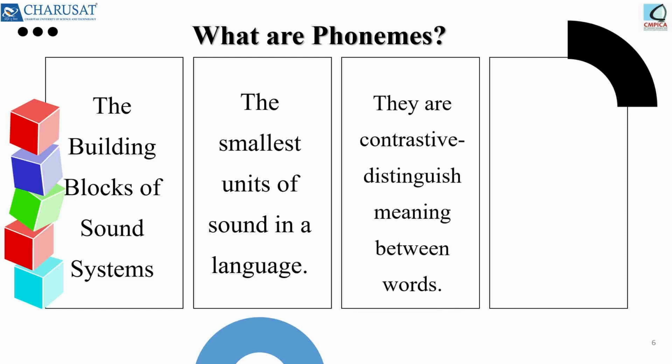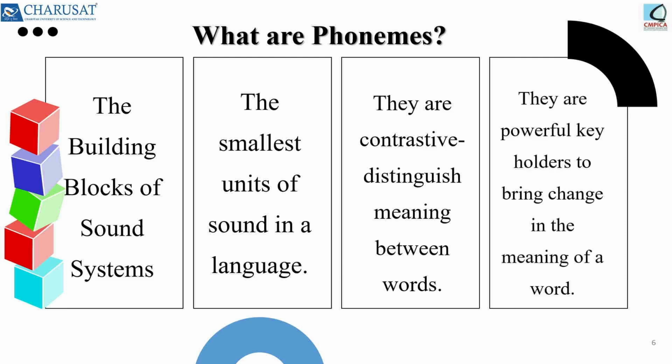They are contrastive in nature and therefore distinguish meaning between the words. They are contrastive, they are not alike. Each sound would be very different from the other, and making them different from the other itself would bring meaning to a word that we are using. And then they are a powerful key holder to bringing change in the meaning of the word.